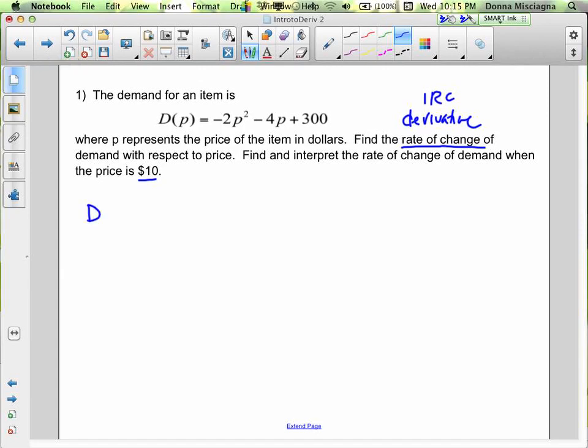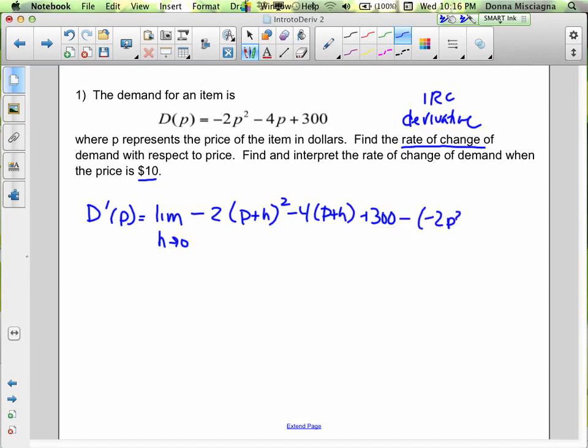So we want d prime of p, which is the limit as h goes to 0 of negative 2 times p plus h squared minus 4 times p plus h plus 300 minus negative 2p squared minus 4p plus 300, all over h. Long equation there, but it'll simplify pretty quickly.